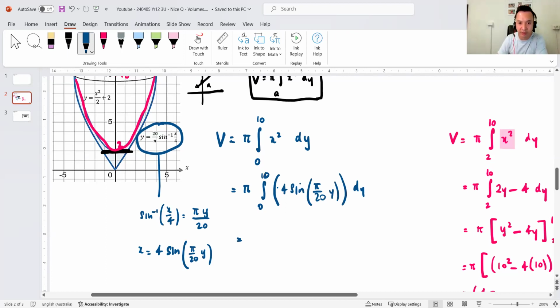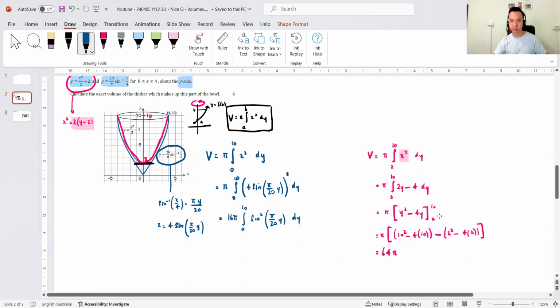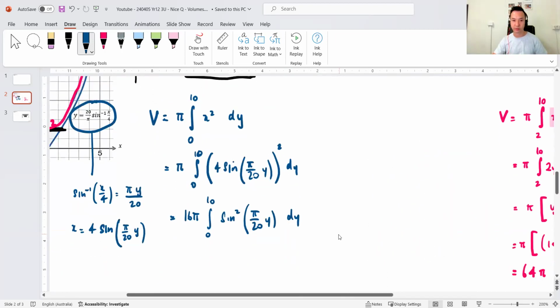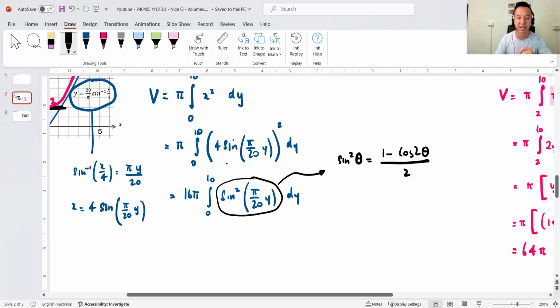That's all squared, so that's 16 pi, from 0 to 10, sine squared pi on 20 y. Now, please recall, whenever you try to integrate sine squared, we know that sine squared theta equals 1 minus cos double angle on 2. So I'm just going to replace that into there.